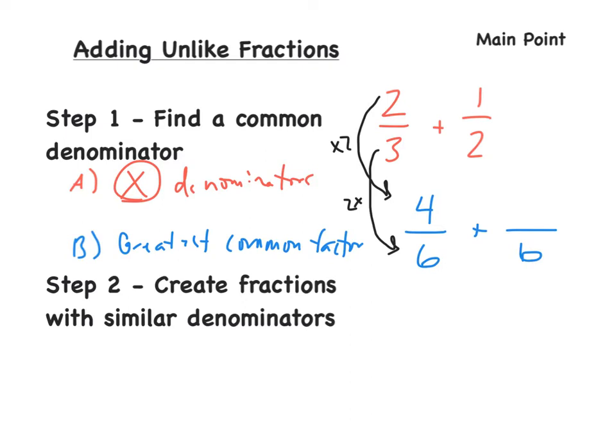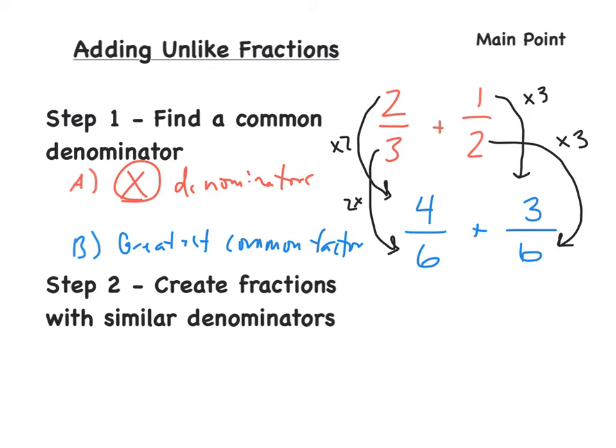Same thing with this 1/2. How many times does 2 go into 6? You have to multiply this by 3 to get to 6. So 2 times 3 is 6, and whatever we do to the denominator, we have to do the same to the numerator. So 1 times 3 is 3.